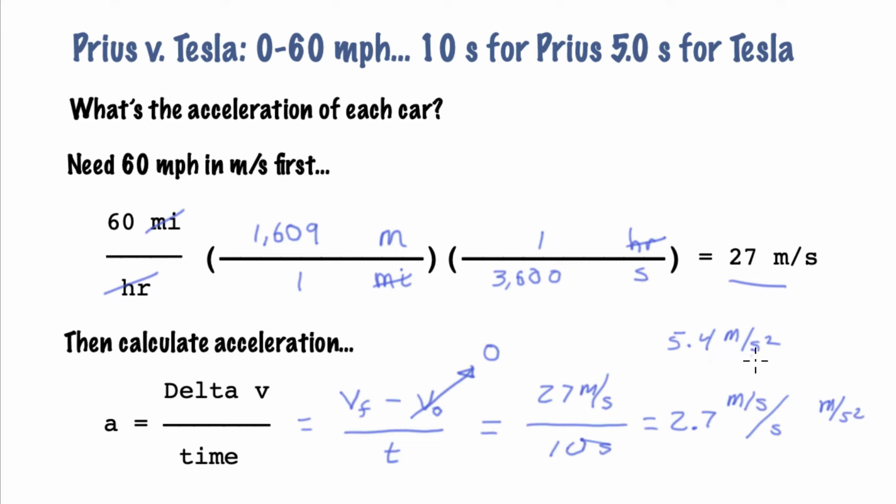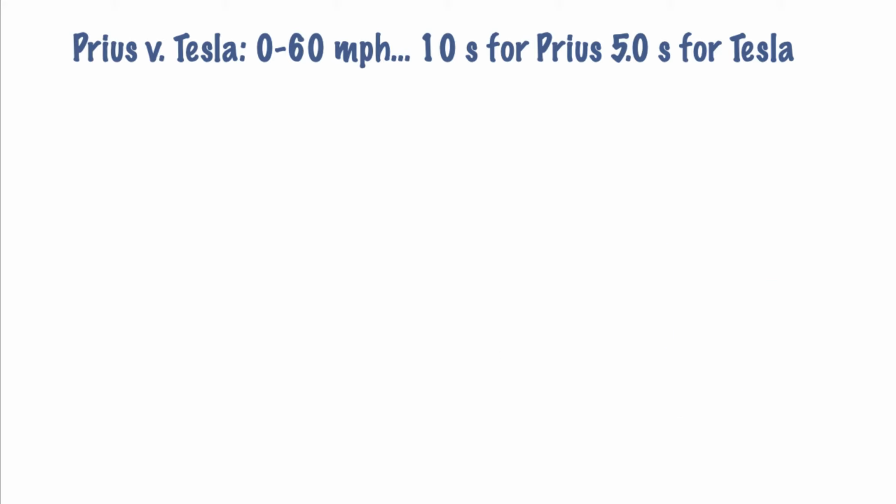The next part of the question that might be interesting to explore, to try to visualize what's happening here, is to ask ourselves, what is the distance that each car travels during this interval of time? You might think of it like this.